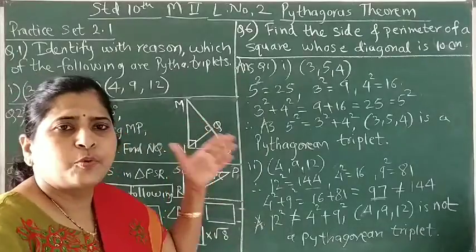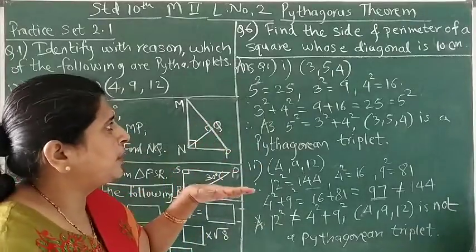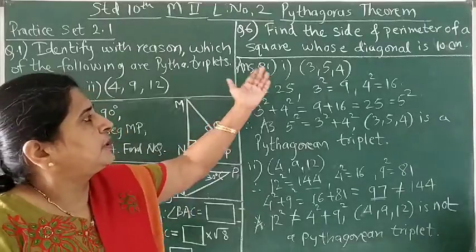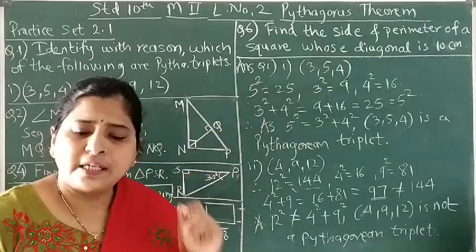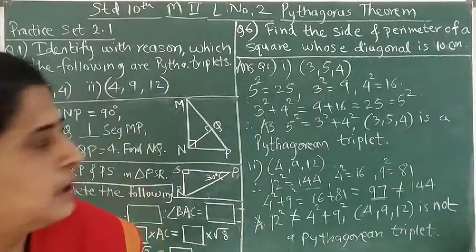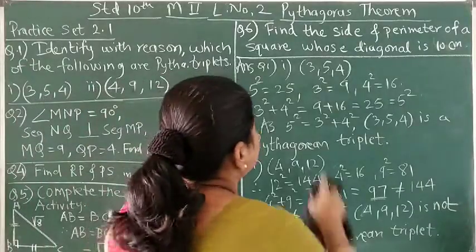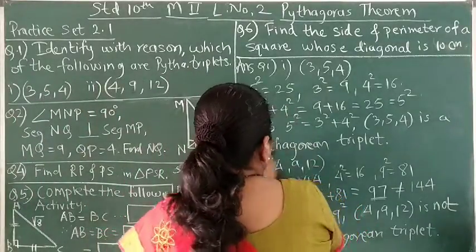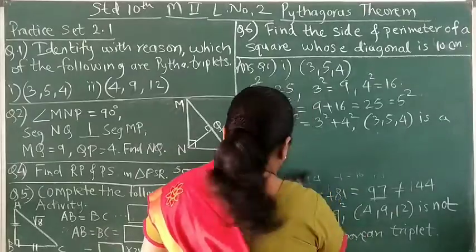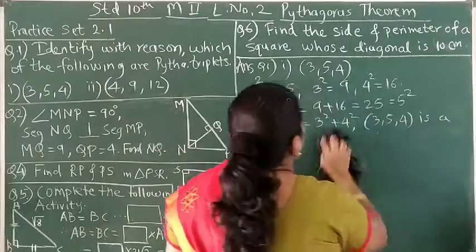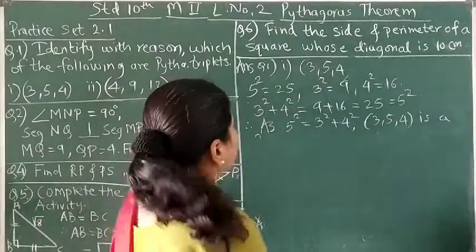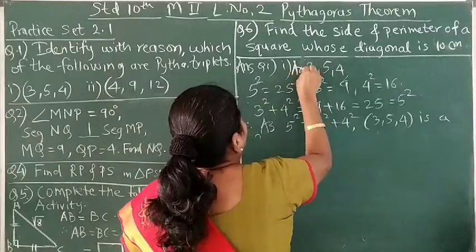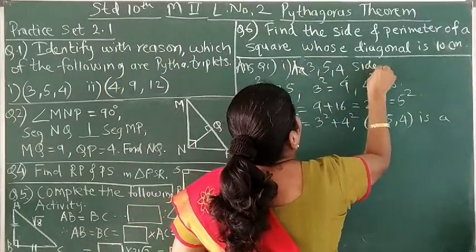Now suppose this question comes in such a way: identify if 3, 5, 4 are the sides of a right angle triangle. Then the presentation will be more or less like this, with a little bit of change. Suppose the question is: are these sides of a right angle triangle?